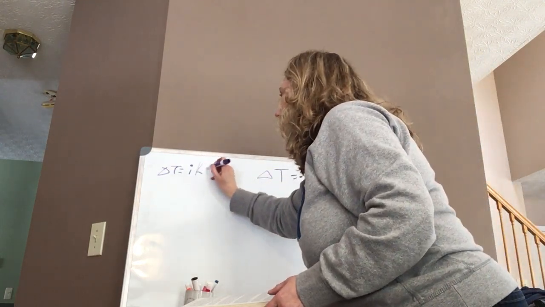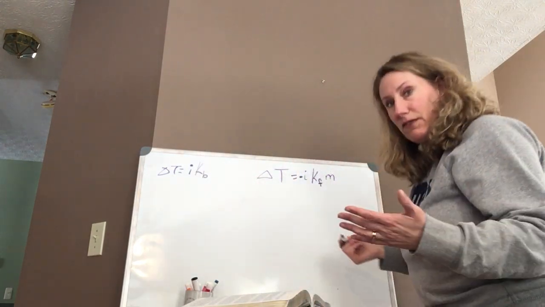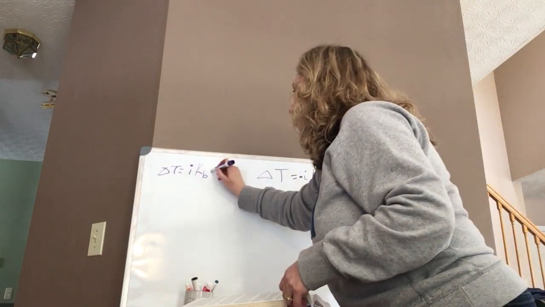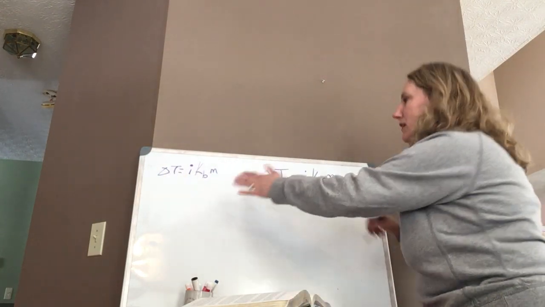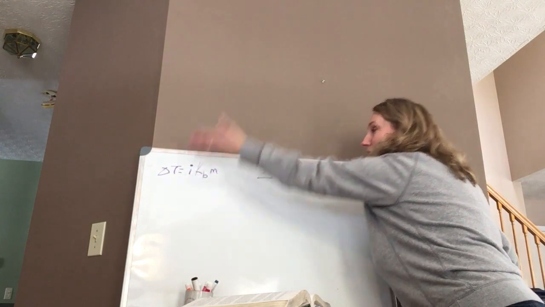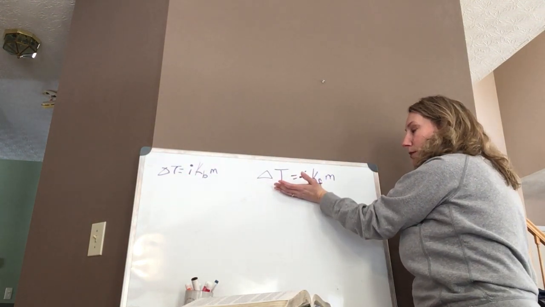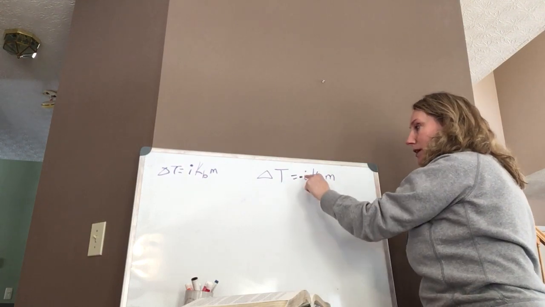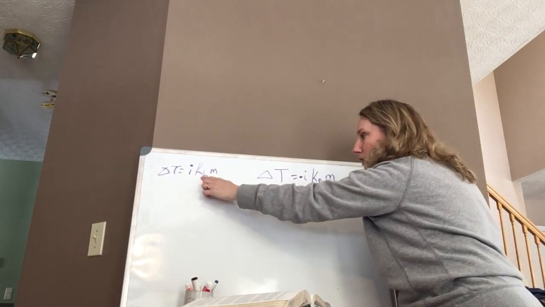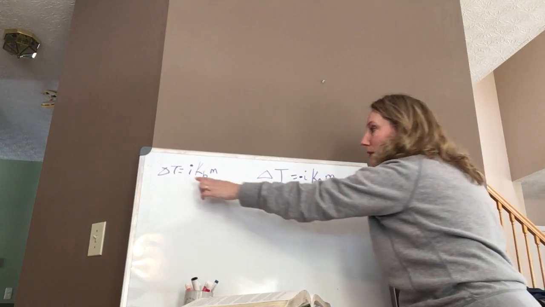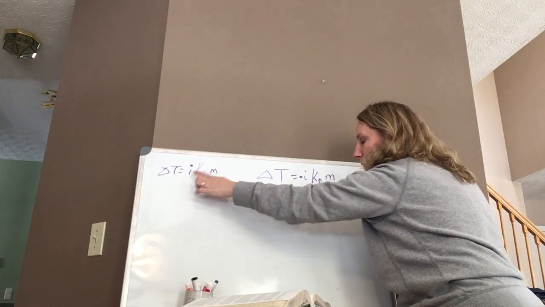And it's going to be K sub B, which they will have to give you, times, again, the molality. So it's basically boiling point elevation, how to make your temperature change higher, freezing point depression, how to lower your temperature. It's really just the different constants that they're going to give you, and this one has a negative i, this is a positive i.